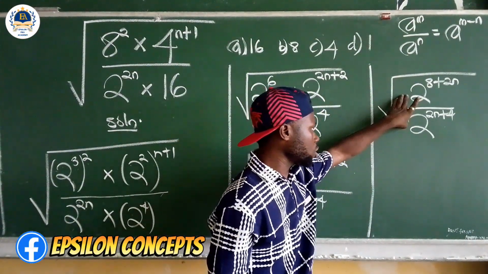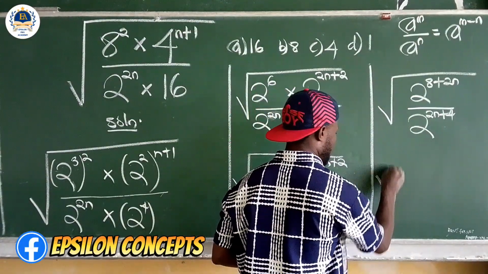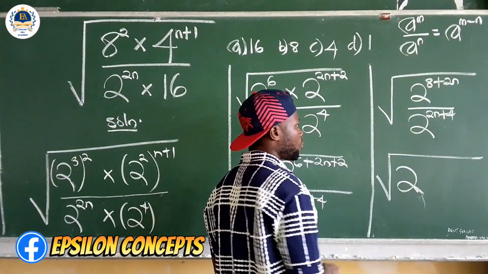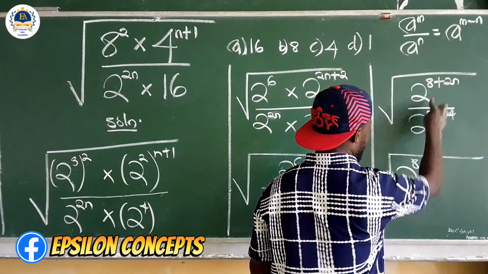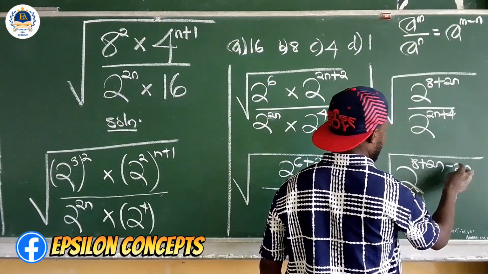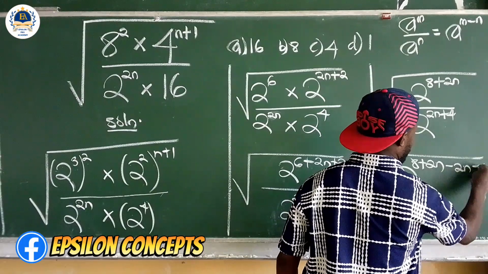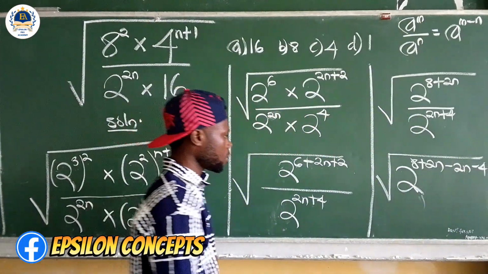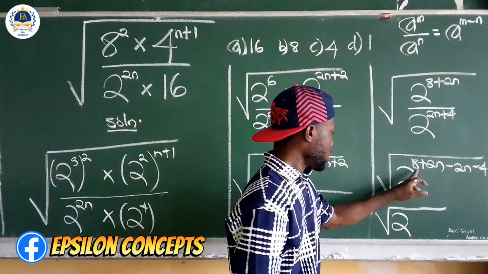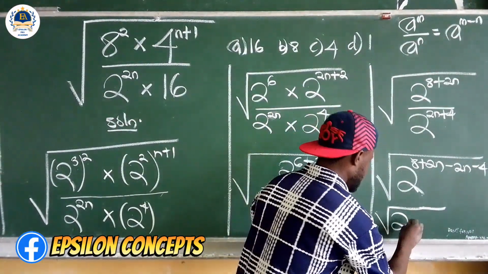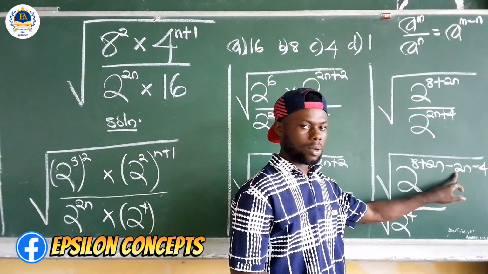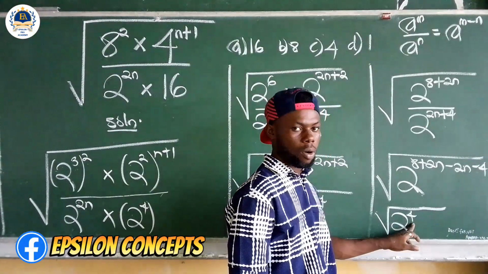Bringing this knowledge over to this part, we have the square root of 2 raised to the power of 8 plus 2n minus 2n minus 4. 8 minus 4 is 4, and 2n minus 2n is 0. So we are left with 2 raised to the power of 4.